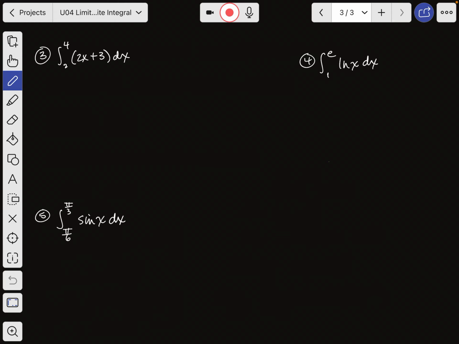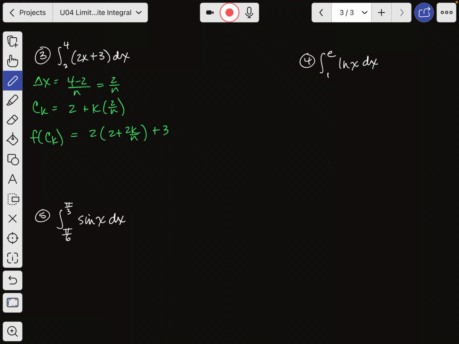Let's try a few more examples. First step, find delta x. Upper minus the lower limit divided by n, so this is going to be 2 over n. Next step, c sub k, which is the lower limit plus k times delta x. F of c sub k, that's the function evaluated at this, so I'm going to substitute in 2 plus 2k over n plus 3.